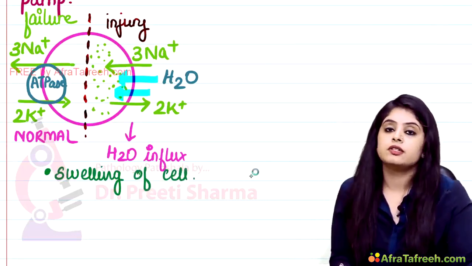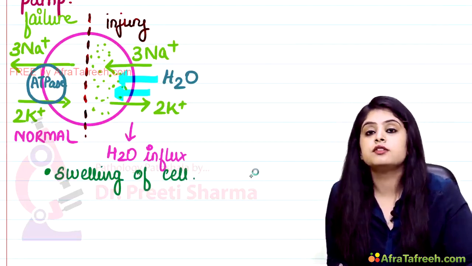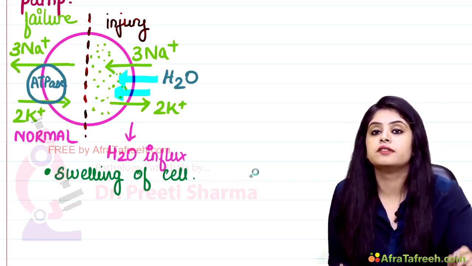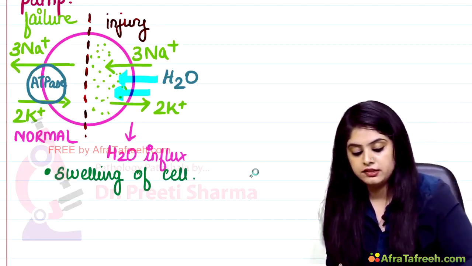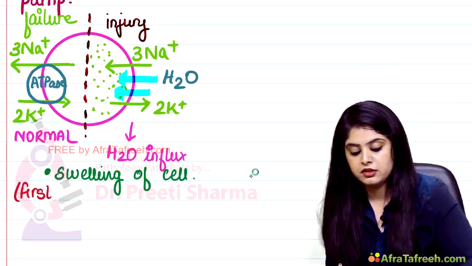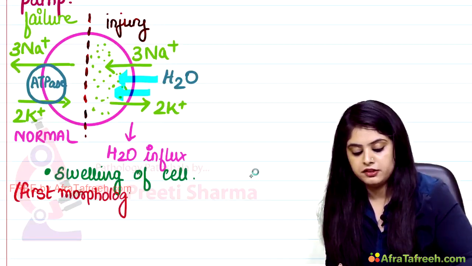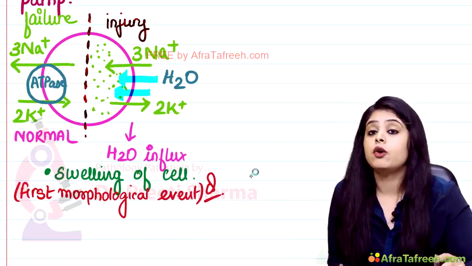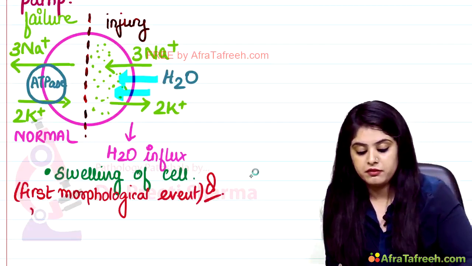So that is the question that you get. Which is the first morphological change in a cell when undergoing reversible cell injury? This is going to be the first morphological event. This is a question that you've been asked earlier. The first morphological event is cellular swelling for all injuries.